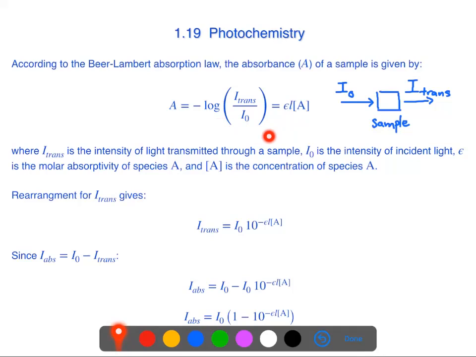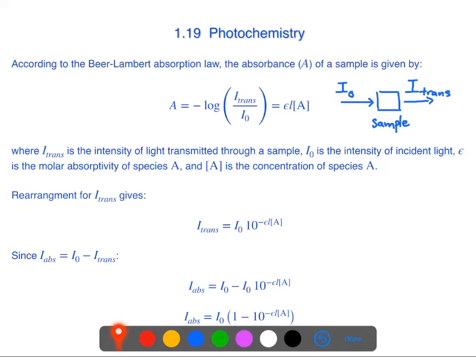Now, we can rearrange this part of our expression. If we take the negative sign over to the right, and if we take the antilog of both sides, and then multiply through by I0, we end up with the following expression, where I trans is equal to I naught times 10 to the exponent minus epsilon L concentration of A. Now, since the intensity of light which is absorbed by the sample is the difference between the incident light and the intensity of the transmitted light, we can substitute in I trans into this expression.